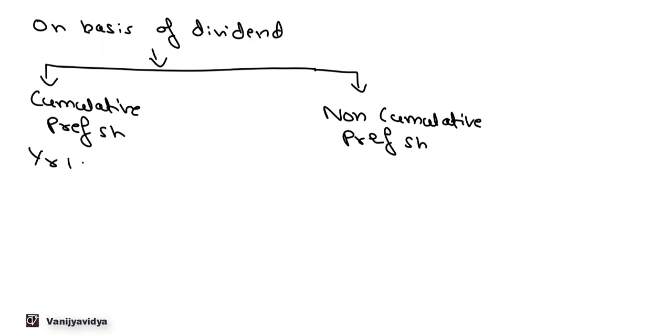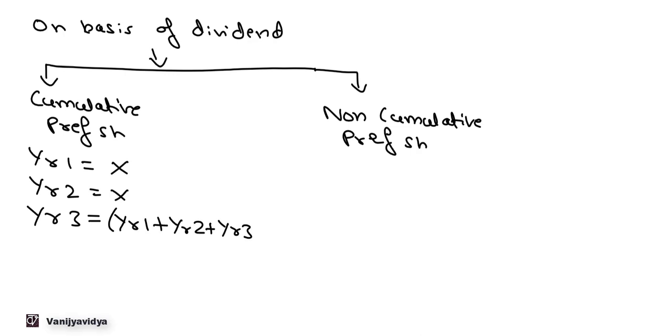Say for year 1 there was no sufficient profit, year 2 there was no sufficient profit, year 3 there is a sufficient profit to pay a preference share dividend. So in year 3, the dividend will be paid for year 1 plus year 2 plus year 3 before paying a dividend to equity shareholders. That is known as a cumulative preference share.